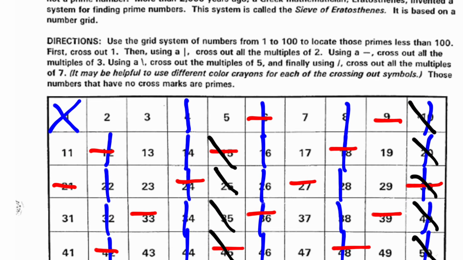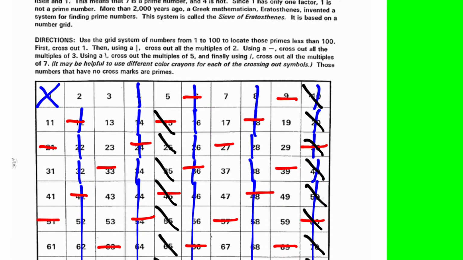Okay, the last thing we want to do is using this symbol, cross out all the multiples of 7. I'll change maybe to a green color here. But I'm not going to cross out the 7, right?